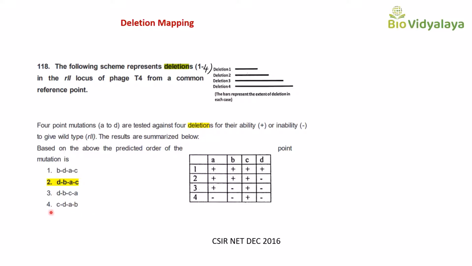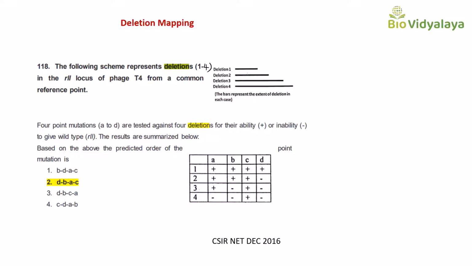So from these options we have to find the correct order of the point mutations. Here four point mutations A, B, C and D are tested against deletions for their ability to produce wild type, represented by the positive symbol, and their inability to produce wild type, represented by the negative symbol.